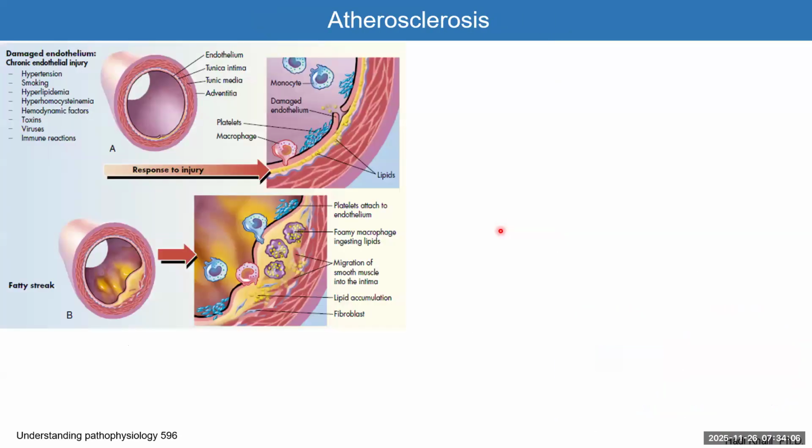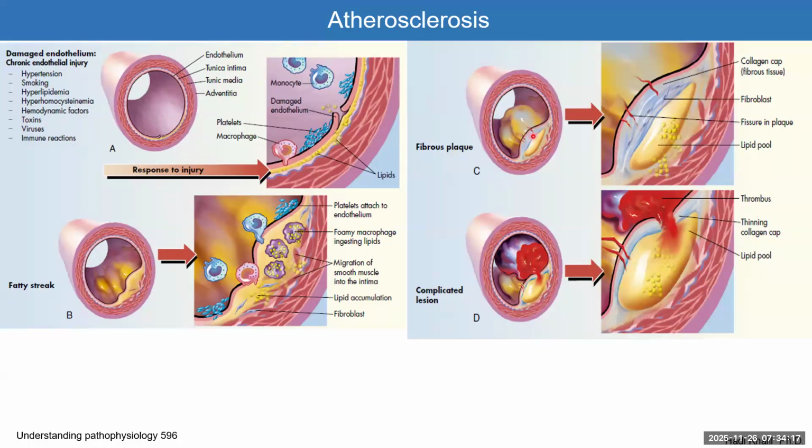So remember that there are multiple steps in this process, but the end point is that with atherosclerosis, you will get this complicated lesion that affects blood flow. And therefore, the final outcome is that less nutrient, less oxygen, less blood is flowing into that organ, and the outcome of that is the death of the cell.